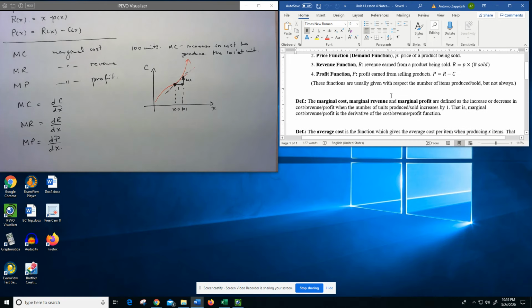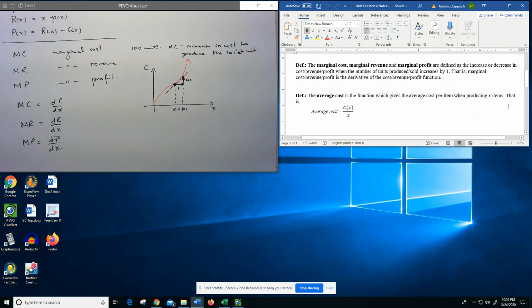So that's why we have the more common definition, okay? So the increase or decrease in cost, revenue, or profit when the number of units increases by 1, okay? But we realize, based on our diagram here, that that's equivalent to the derivative of the cost, revenue, or profit at that particular point. All right?